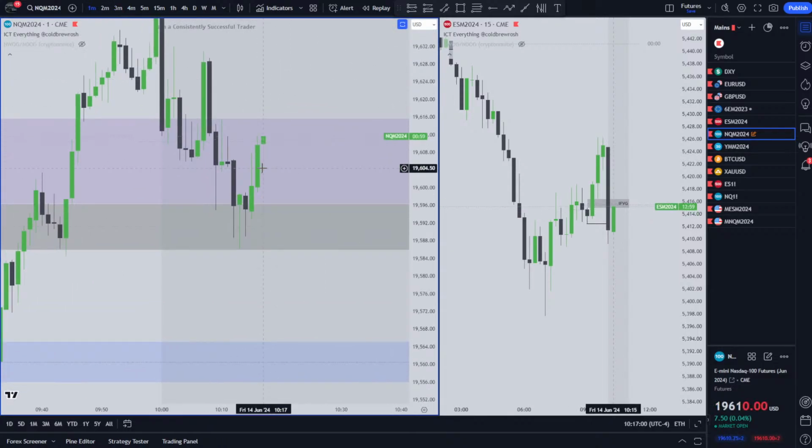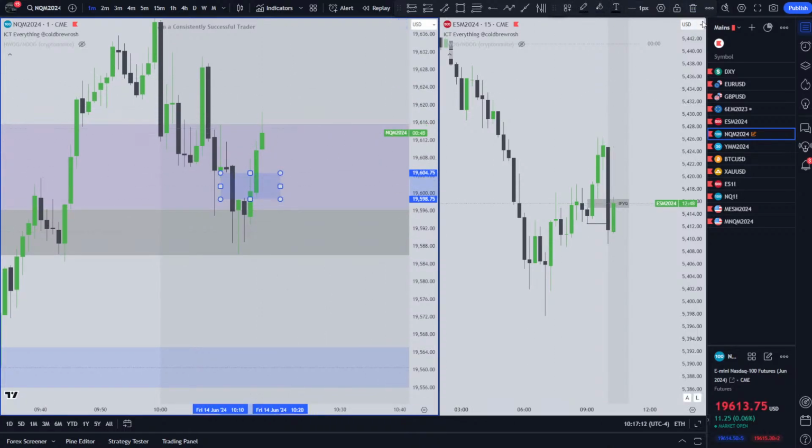Something I'm noticing here, I would never take, but this 1 minute inverse actually doesn't look half bad for a very short scalp. Not that I would take that.